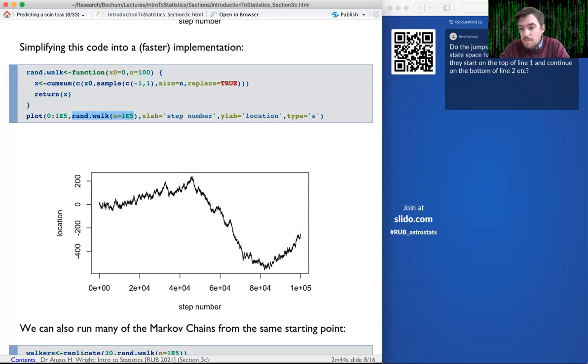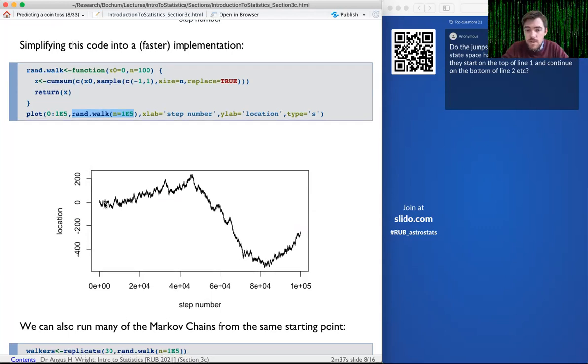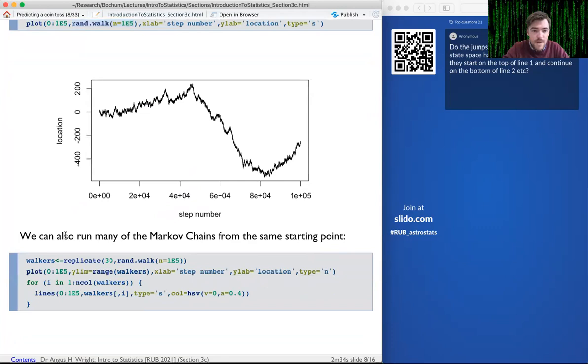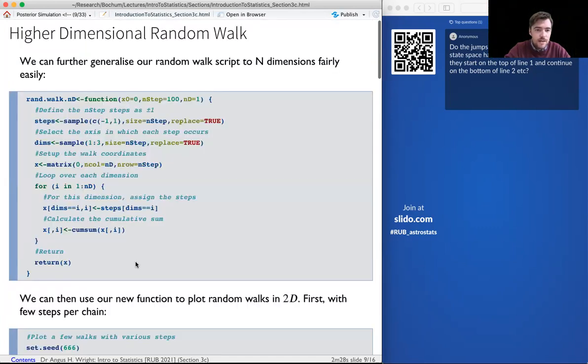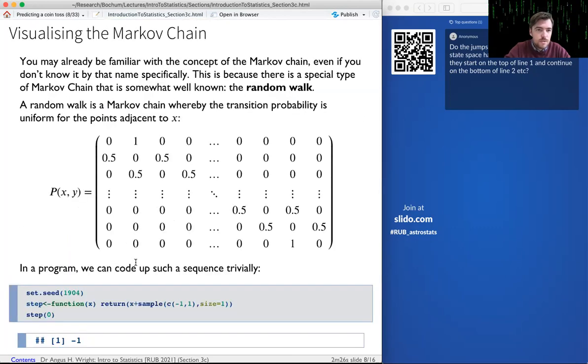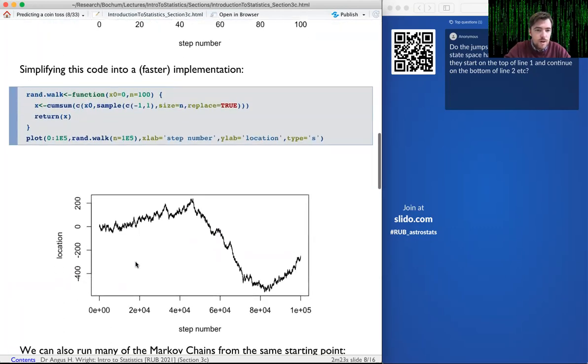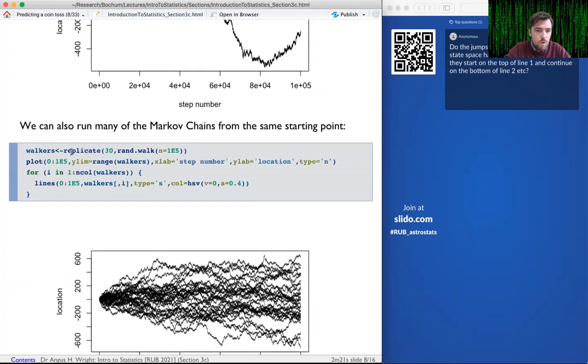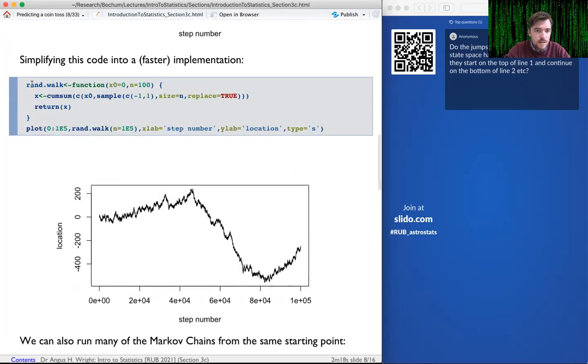But that might not be sensible for us. We might want to ask the question, what if we wanted to run 1,000 random walks? Again, we can do that many times from the same starting point and generate n random walks. I've got my function here, random walk, which I just made faster, and random walk takes a starting point and a number of steps.